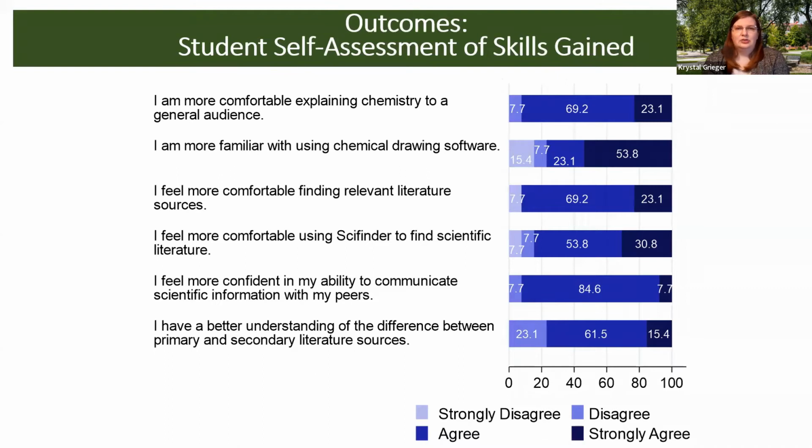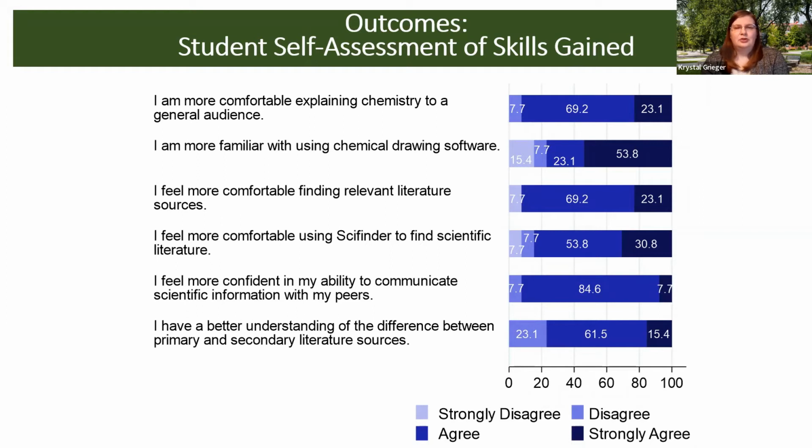We also wanted them to report a self-assessment of the skills they gained. They indicated that they were more comfortable explaining it to a general audience. Being able to use chemical drawing software was about a 50-50 split, which was kind of surprising, but we also had to use chemical drawing software in the fall semester.